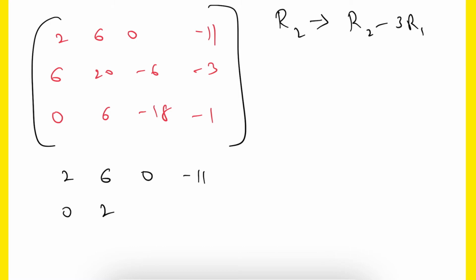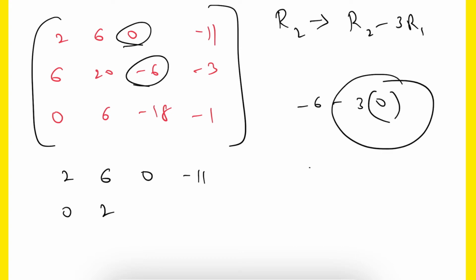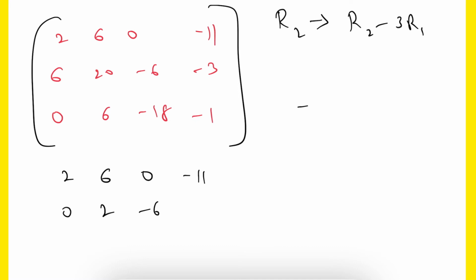Next, R2 is minus 6, minus 3 into R1's 0, so this will become 0 only. So minus 6 remains. Next, the last element will be minus 3 minus 3 into minus 11, minus into minus plus, 3 11s are 33, 33 minus 3 becomes 30.